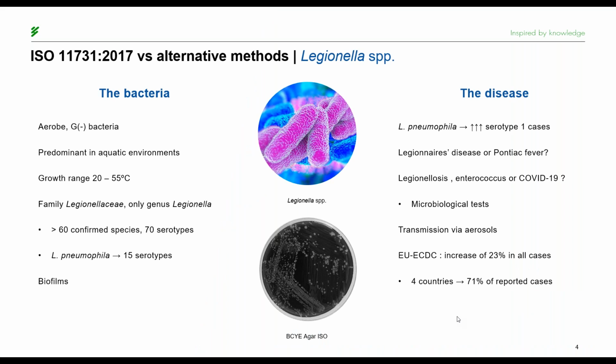Legionella is, as we know, an aerobic gram-negative bacteria that we can find in aquatic environments, of course, and basically in any type of freshwater environment. They predominate in this type of source, although it has also been identified in potting soil. It is an intracellular parasite of Protozoa, which helps Legionella to survive in virtually any environment.